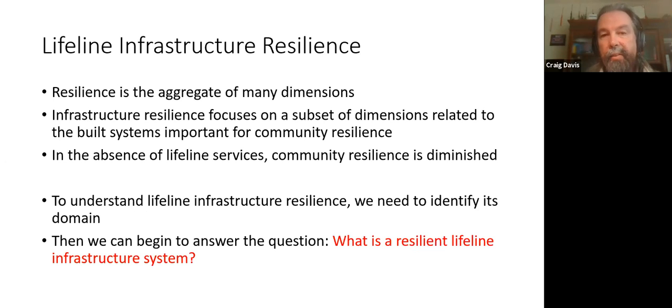In the absence of lifeline systems, community resilience is highly diminished. So to understand lifeline infrastructure resilience, we need to identify its domain. From that, we can then begin to answer the question of what is a resilient lifeline infrastructure system? And it's important to understand what it is and what characteristics it provides.